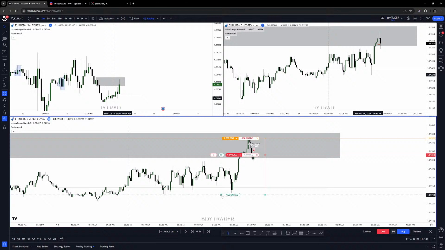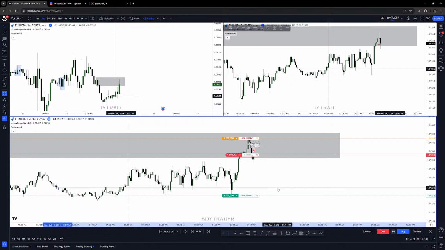We are always going to aim for a minimum of 2R. We have a take profit of 900, which is more than 2R. It's good. Mind you, just below this black line here is the midnight opening price.